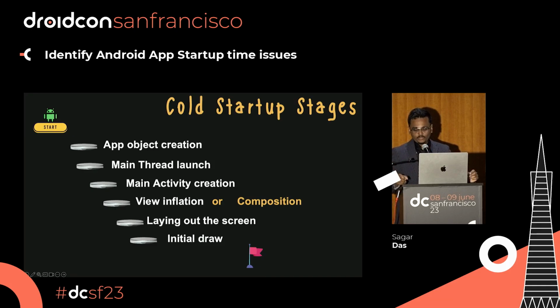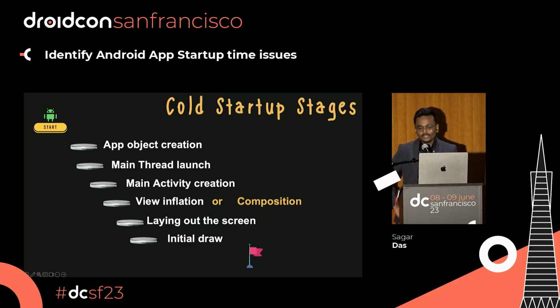For example, in your code base, if you set up multiple things, let's say for detecting memory leaks you use LeakCanary, or probably you're using some third-party logging libraries, all of those initializations which you want all of your feature screens to be able to access, you do inside your application object instance.